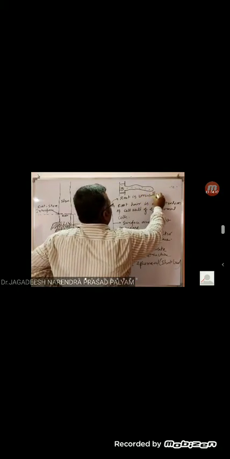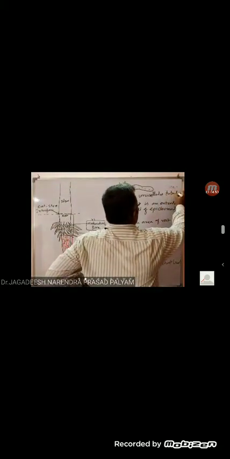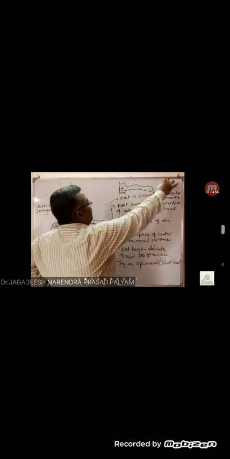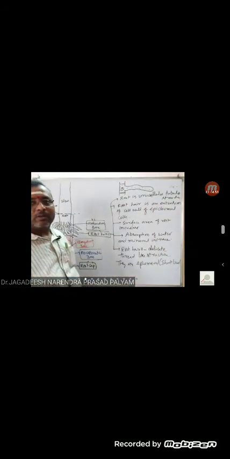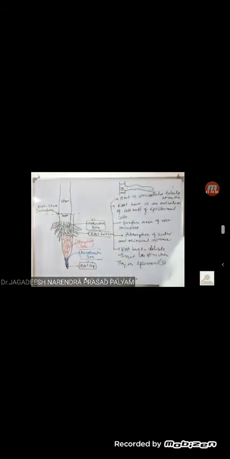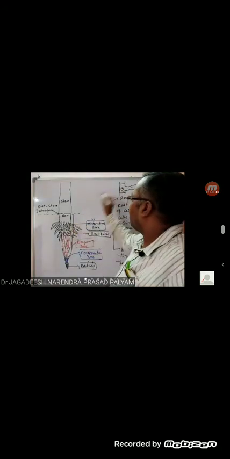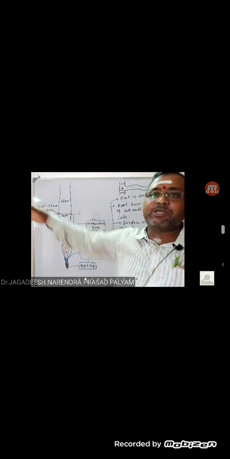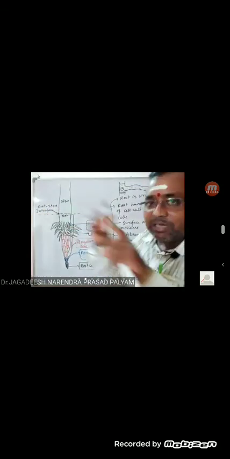Root hair is a unicellular tubular structure. It's a single cell, unicellular, not multicellular. What is its use? It is useful for absorption of water and minerals. The epidermal cell wall expands and becomes a tube-like structure so that more water can be absorbed.